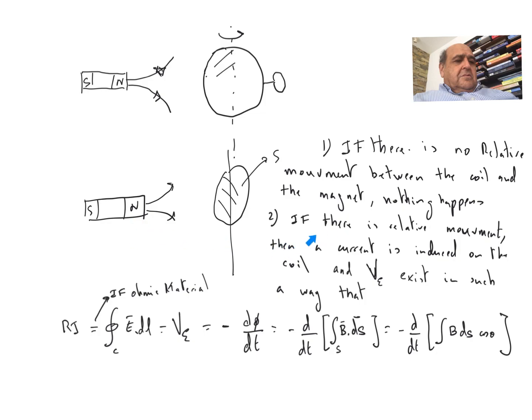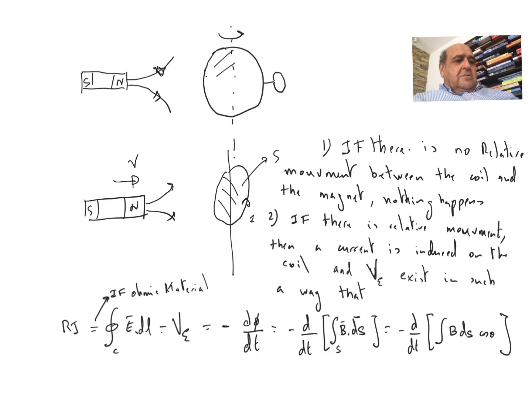But now if I try to make movement, for example, I use this magnet and move it in this direction with some velocity, not necessarily constant, maybe accelerating, it doesn't matter, I observe a current on the loop.